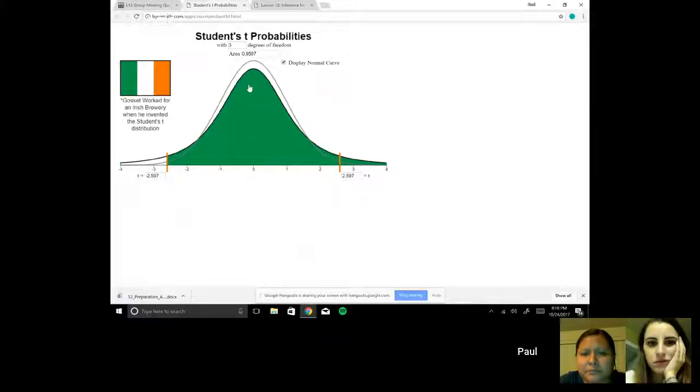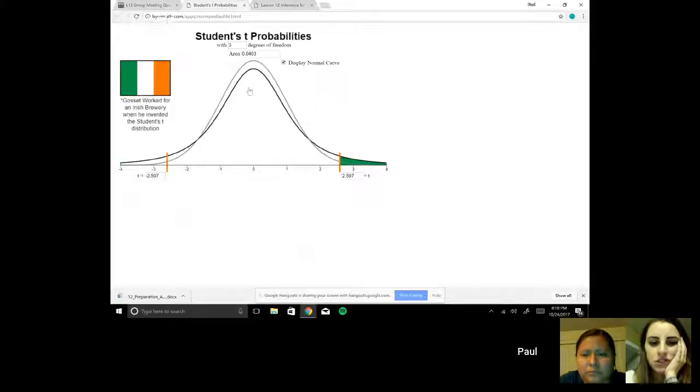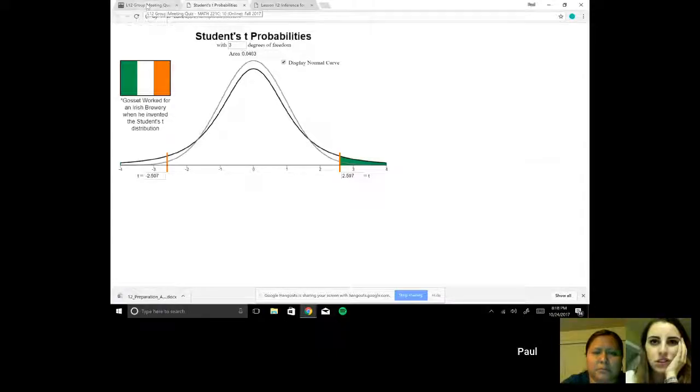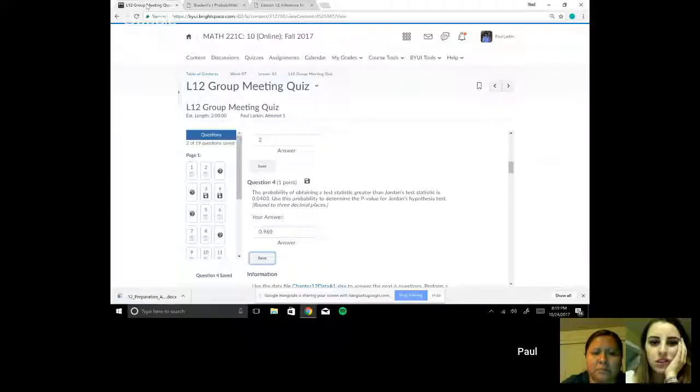Can you see my screen? You should be able to highlight it. Yeah, but when we highlight, the value changes. True. So I guess it would be 2.597 then? Is that what we think?